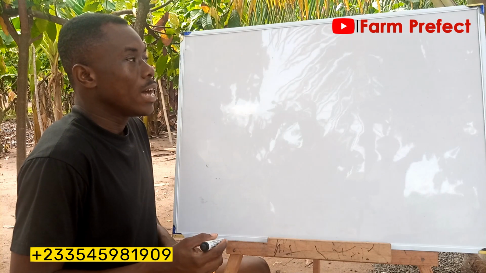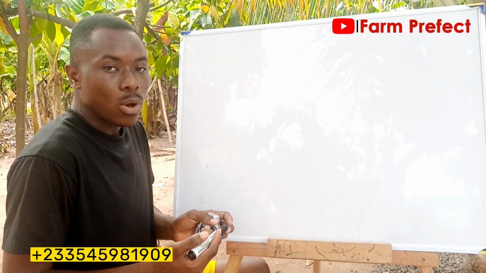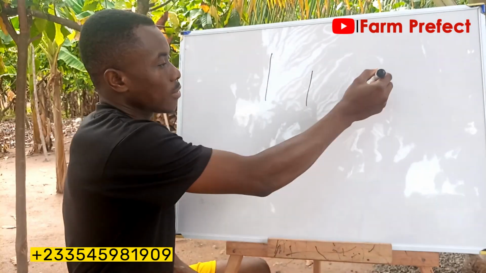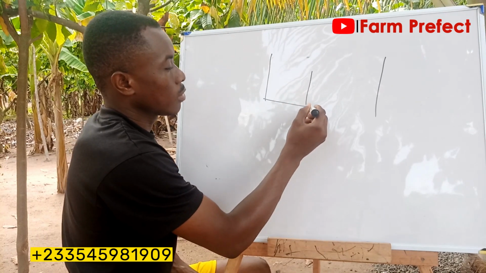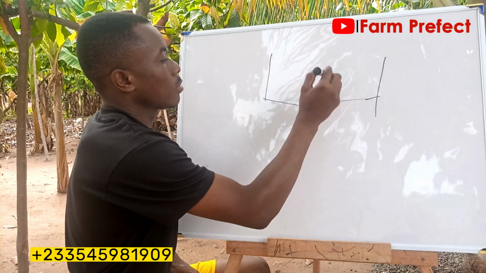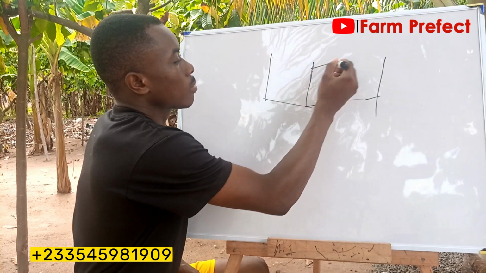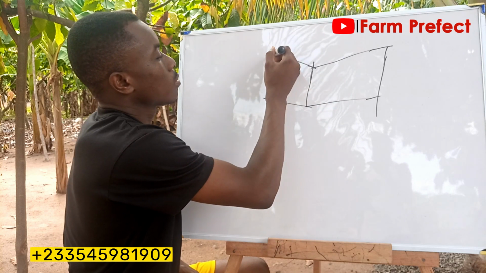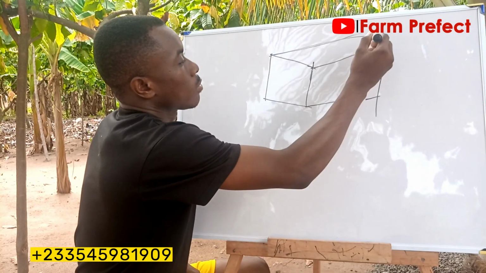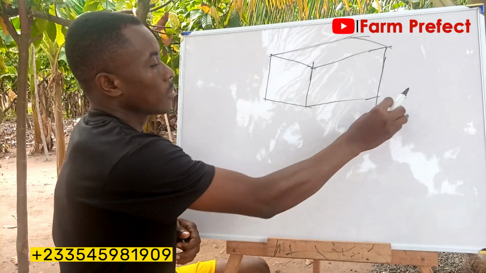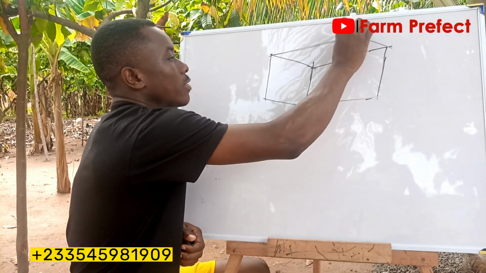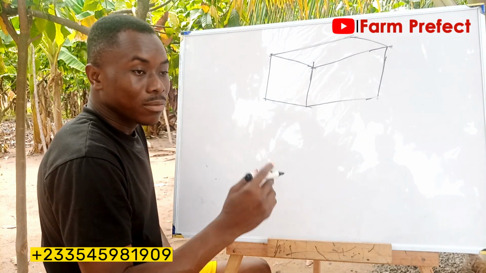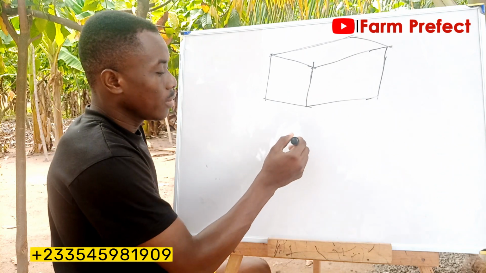Basically, there are two shapes of ponds. We have the rectangular, which looks like this. Okay, the rectangular pond, which looks like this. And then we have the cylindrical, or one that looks like a circle, like round.